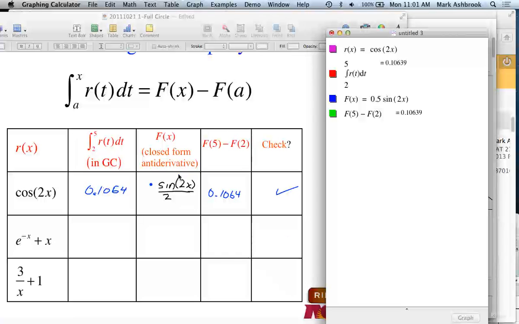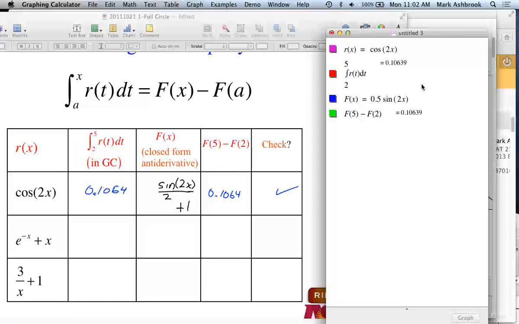Okay, is this the only antiderivative of cosine of 2x? Molly, give me another one. Is there another antiderivative of cosine of 2x? Well, if cosine of x had a constant added to it. Okay, so it could be an infinite number of constants added. Give me your favorite. Plus 1. Oh, so boring. All right, what about this? Is this an antiderivative of cosine 2x?